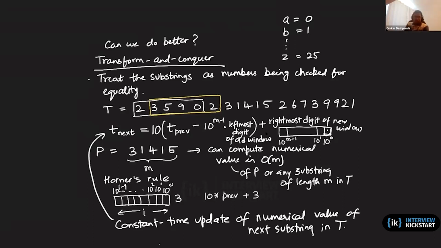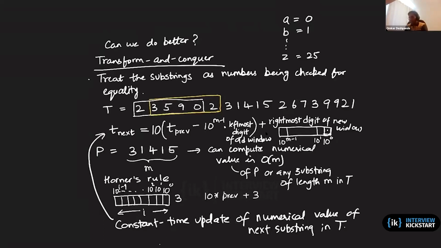One of the problems, actually the main problem with this implementation, and this would definitely work provided the numbers that we are getting for the substring values are not too large. So if our substring is of length m, whatever the value we compute for, say, the largest possible substring of length m, as long as that value doesn't overflow, this would work.